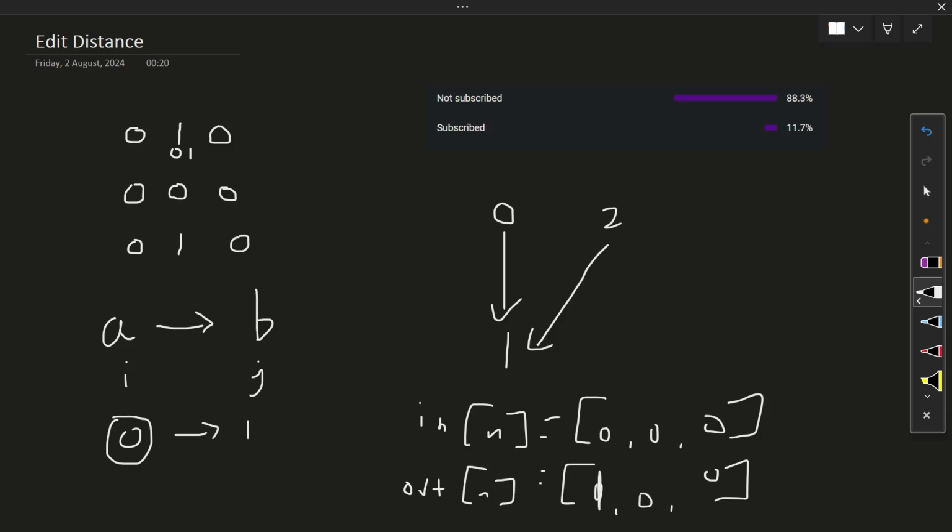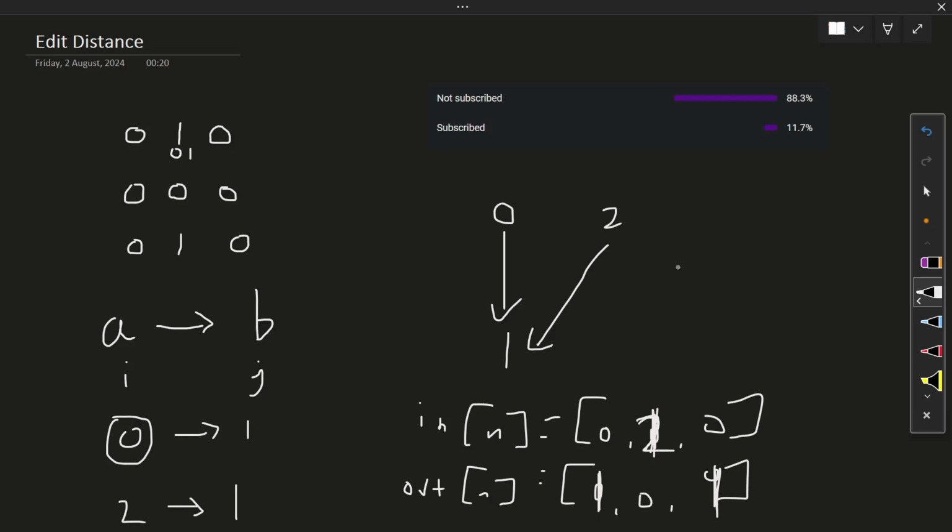There is an out edge from 0, and there is an in edge on 1, so we have to increment 1 here. Next we have 2 1, which means there is an out edge from 2, so we have to increment 1 here, and there is an in edge on 1, so we have to increment 1 here. That's all about the edges.